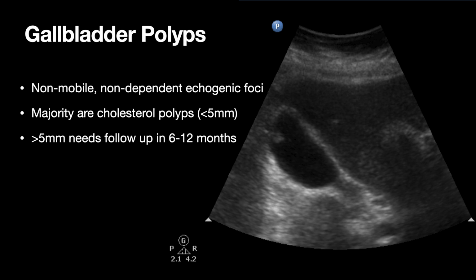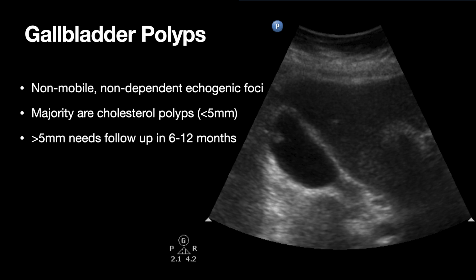I don't have the reference to quote here, but our surgeons, if I remember correctly, have quoted to me that if it's over a centimeter, that's surgical criteria for a cholecystectomy, because of the risk of malignancy. But if they're over 5 millimeters or so, you definitely should have them following up in the very short term to make sure there's no change in size of these gallbladder polyps.